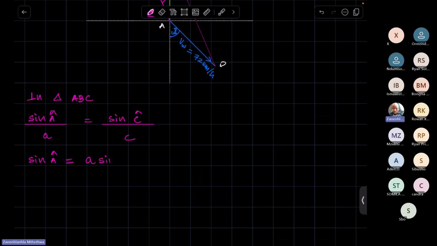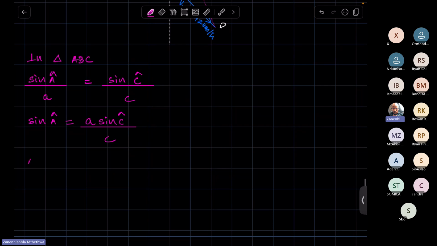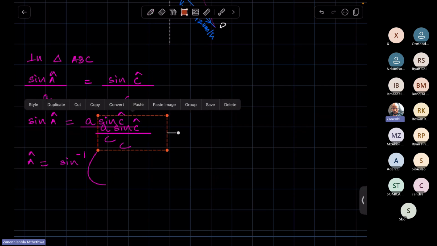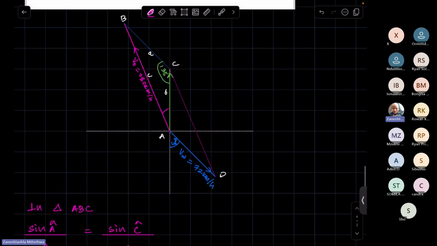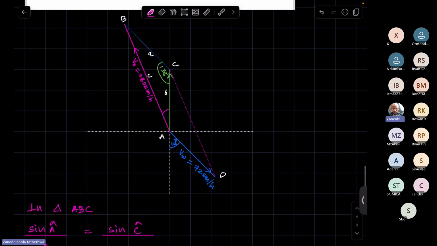This will be A sine angle C divided by side C. Essentially, looking for the angle A, we need to calculate the arc sine of A sine C divided by C. So substituting, this is arc sine of A, where A is equal to 72.